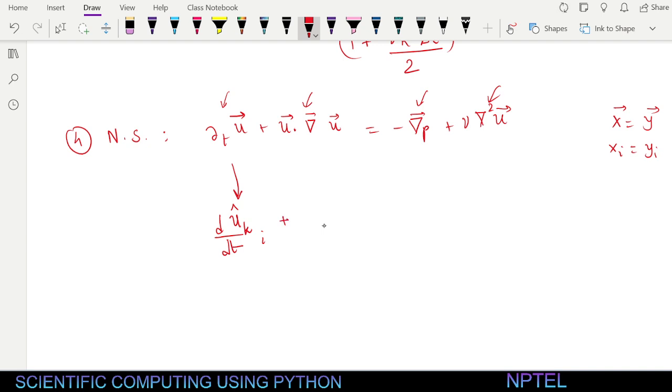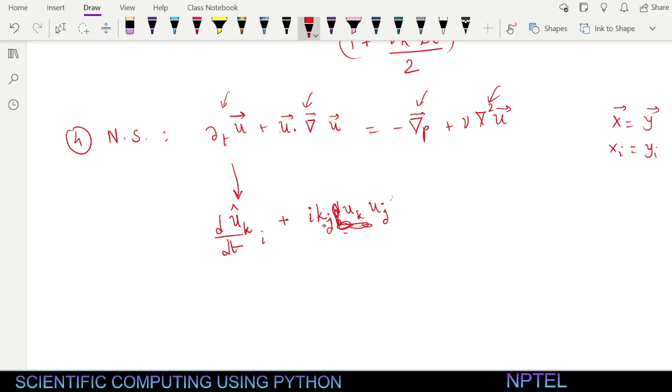Then plus, now u dot del will give ik times uk. Yeah, and then you multiply it with some other index j, and then there should be a sum. Yeah, so k itself will be indexed, and then you do a sum over j, right? And take the ith component.